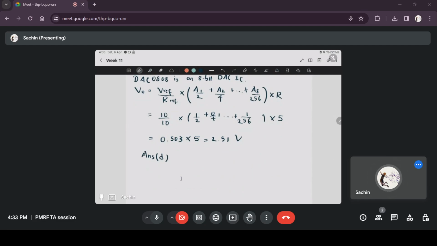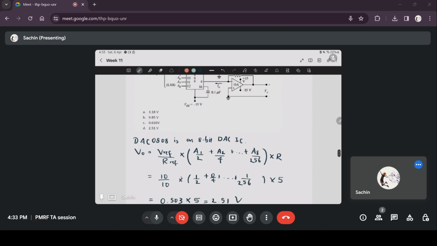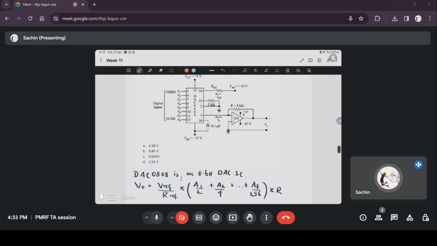What I mean to say is, the first bit A1 is weighted by Vref by Rref into R into half. Second bit is weighted by Vref by Rref into R by a quarter, and the LSB A8 is weighted by Vref by Rref into R into 1 over 256, which is 2 power 8.